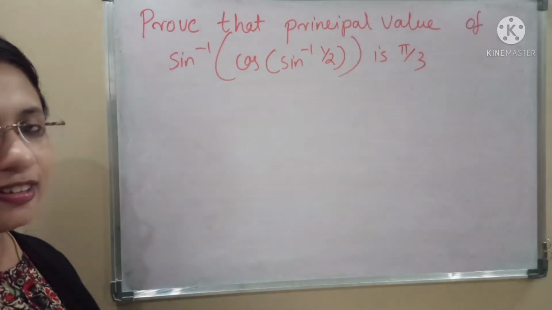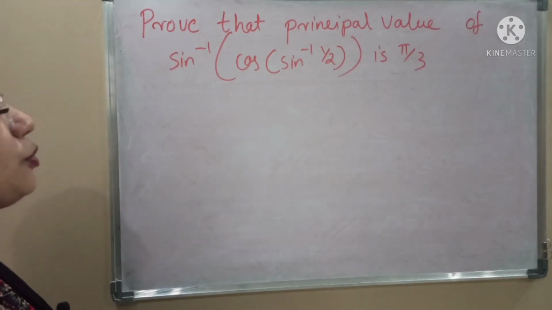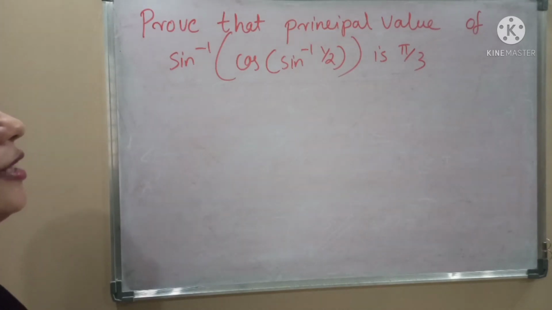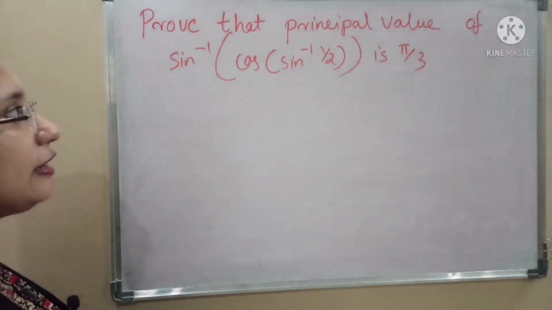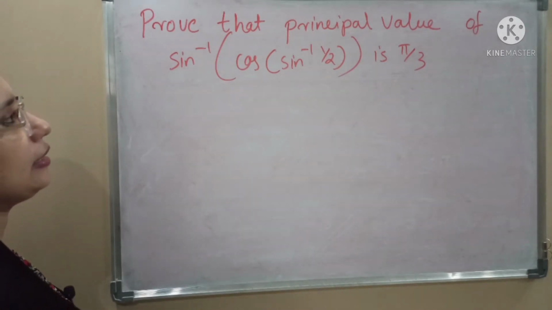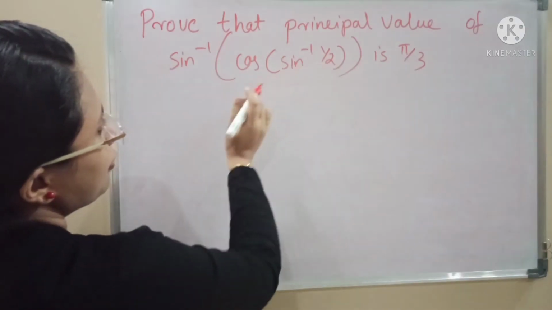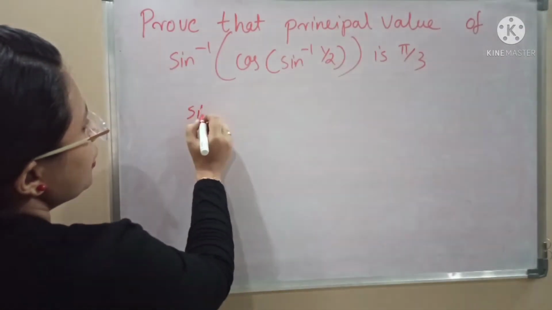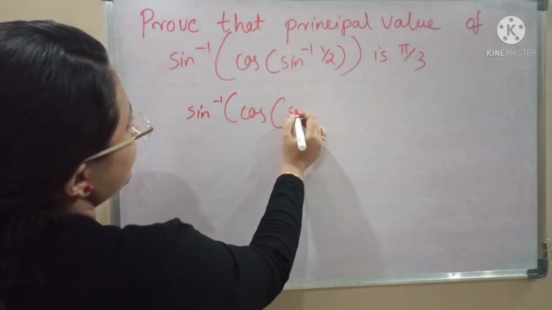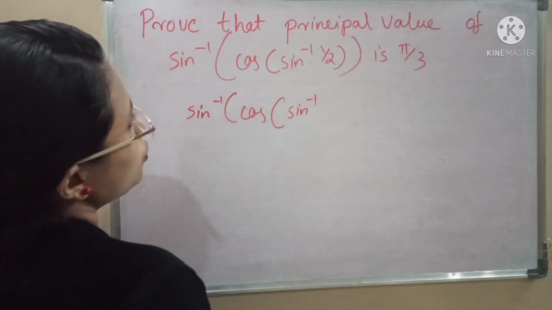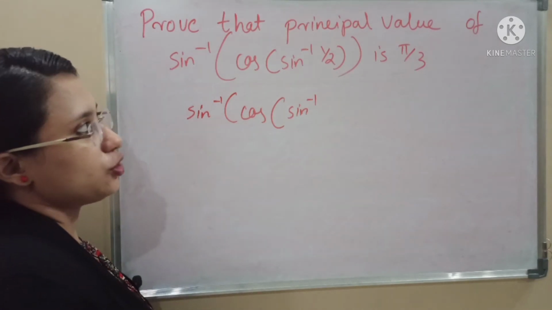Let's solve the final problem from chapter 2. Prove that the principal value of sine inverse of cos of sine inverse 1 by 2 is pi by 3. Okay, first of all we'll solve from the inside function. So sine inverse 1 by 2. Usually what we do is, in place of the number we'll substitute the function, right?